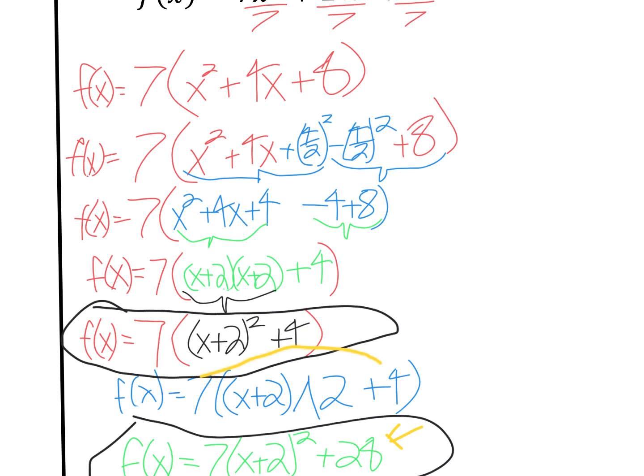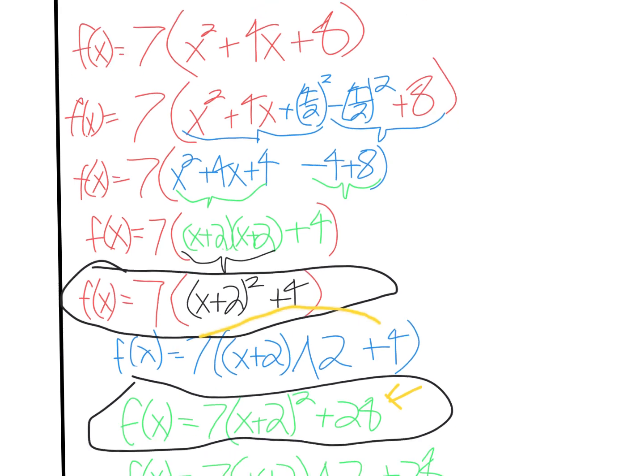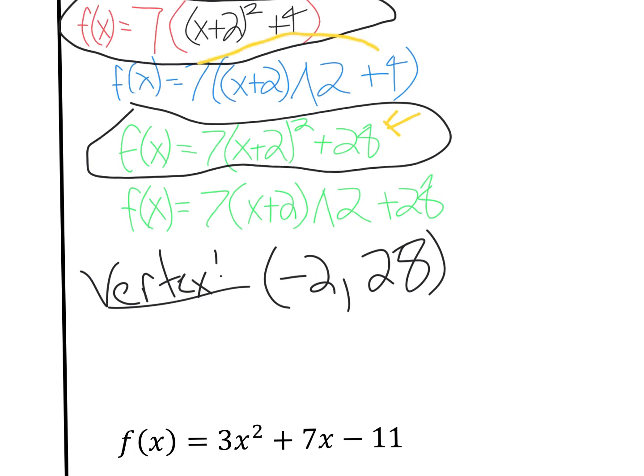The only time you could distribute the 7 is at this step. You would have to go all the way back there in order for distributing the 7 to make sense, I guess. So that might be a bit of an over explanation.